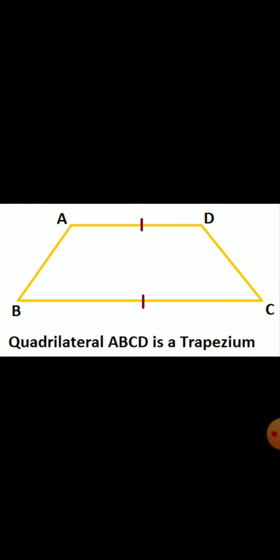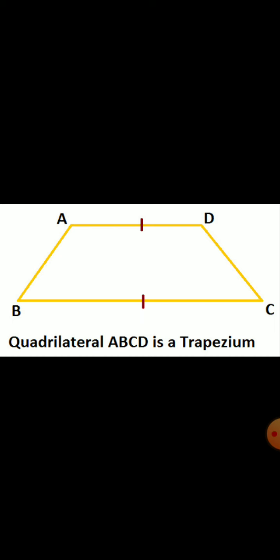First of all, we have a trapezium. What is a trapezium? Here, for a trapezium, one pair of opposite sides are parallel. For this figure, we have a quadrilateral ABCD, in which we can see that sides AD and BC are parallel to each other.